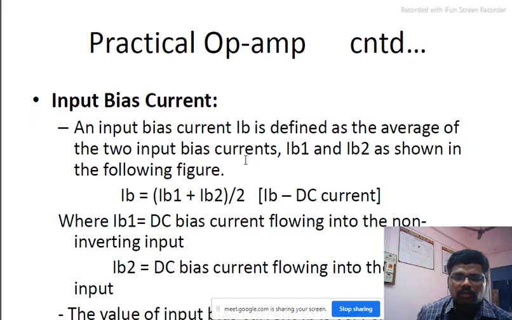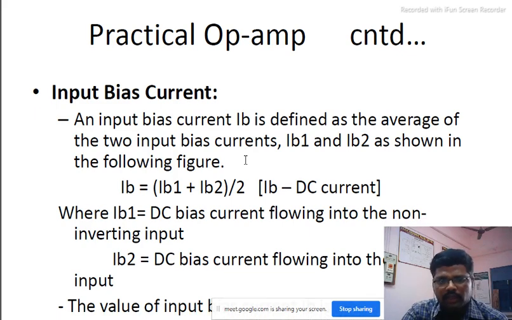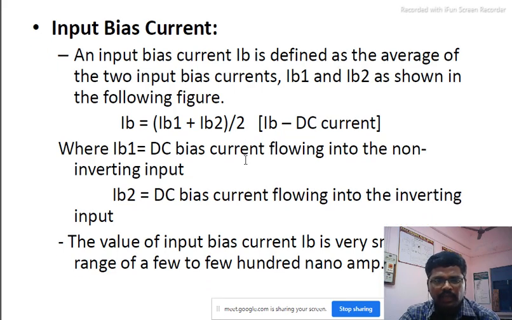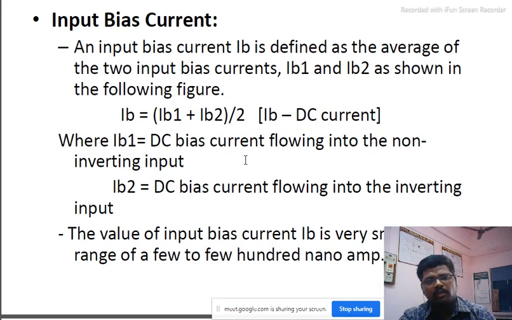IB1 is the DC bias current flowing into the non-inverting input. IB2 is the DC bias current flowing into the inverting input. The first one is non-inverting and the second one is inverting.